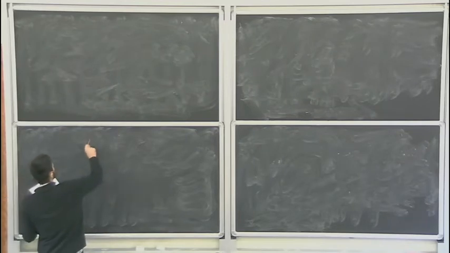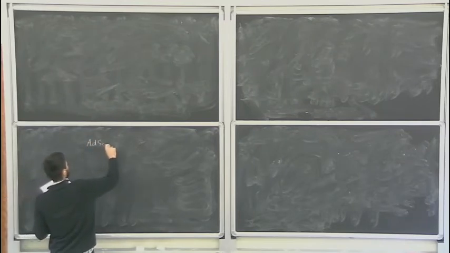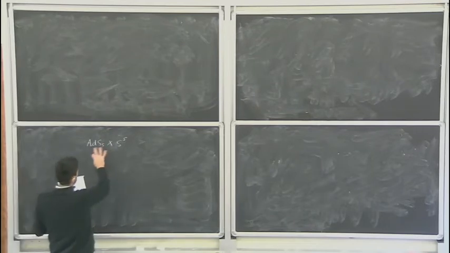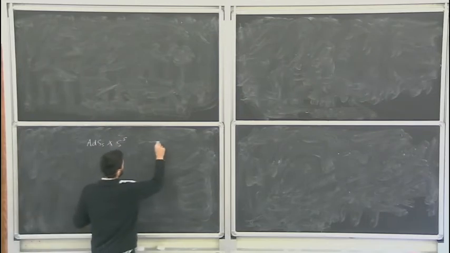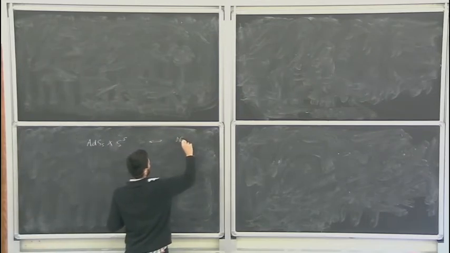So we started with AdS5 cross S5, which I claim was the main example of the AdS/CFT correspondence. The question is, how can we, starting from this structure and the fact that this is dual to N equals 4, what can we do to deform this?